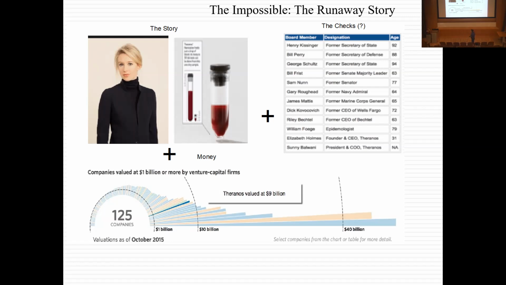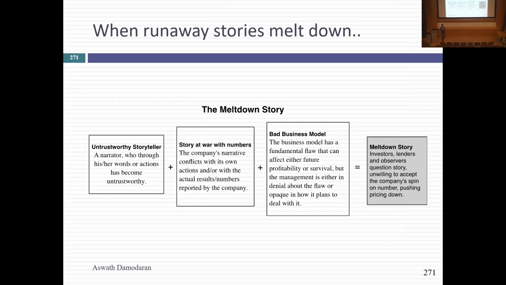In fact, whenever you have a story built so much around a personality, like Theranos was, and the story is this big story, and nobody's asking questions, there's another side that often shows up. It's called a meltdown.